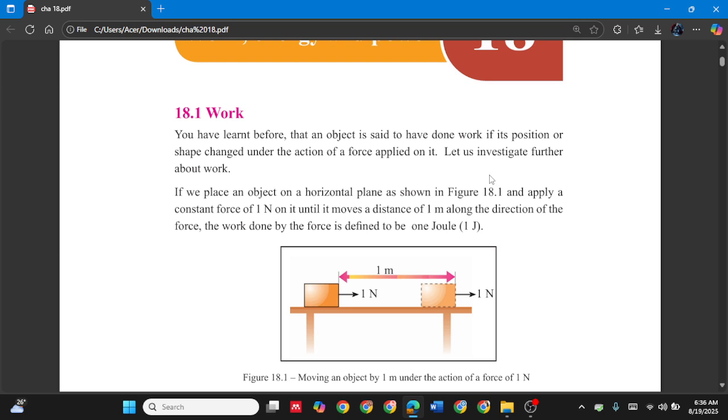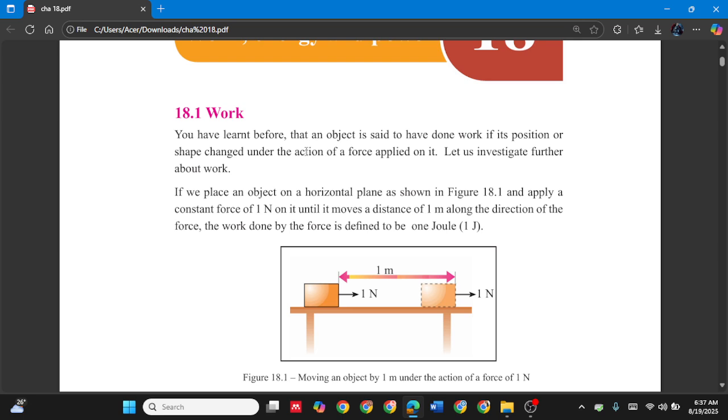Let's investigate further about work. If we place an object on a horizontal plane, as shown in figure 18.1, and apply a constant force of 1 Newton on it until it moves a distance of 1 meter along the direction of the force, the work done by the force is defined to be 1 joule.